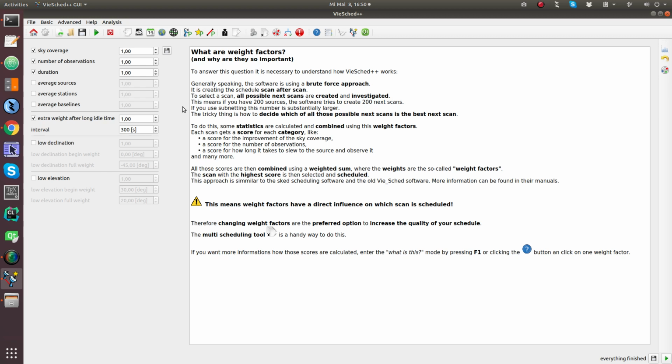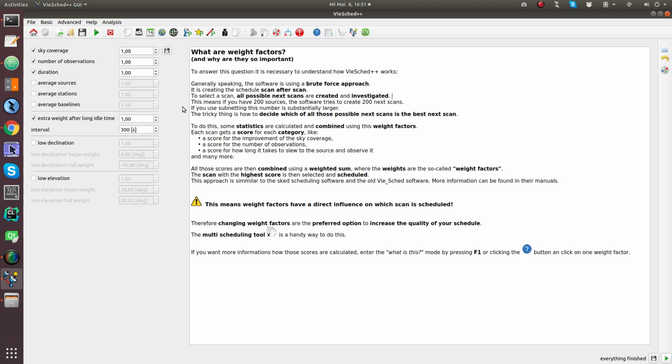Additionally, if you're using subnetting, you also look at what combination of two sources can be observed at the same time, and you add all of these scan combinations to your pool of all possible scans. So in the end you end up with a couple hundred possibilities that could theoretically be scheduled at a certain time.